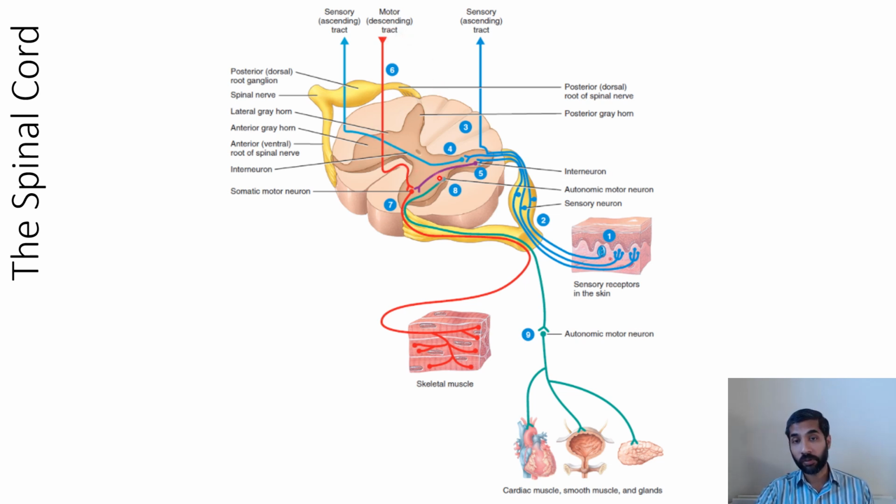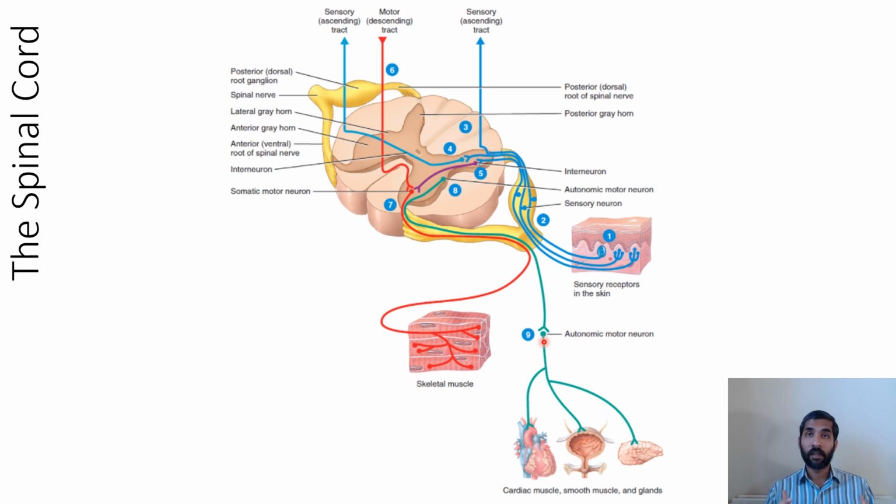And the neurons that come out of the spinal cord form nerves, and these nerves include both sensory and motor neurons, and they go to the periphery of the body, right? So motor neurons end up in the skeletal muscle. The autonomic motor neurons end up in various smooth muscles in our body.